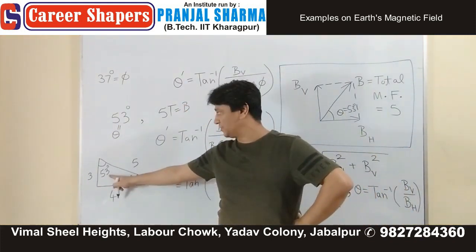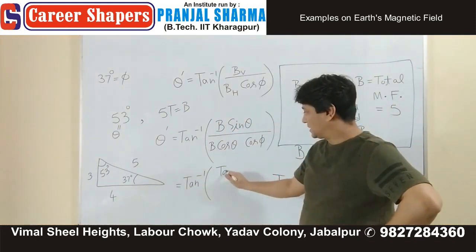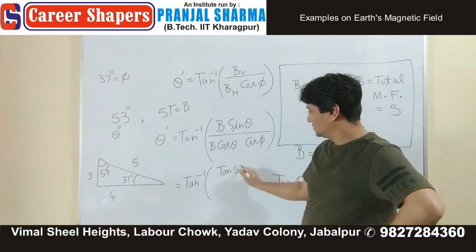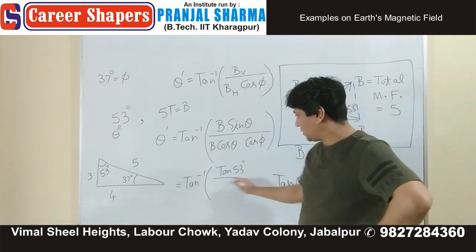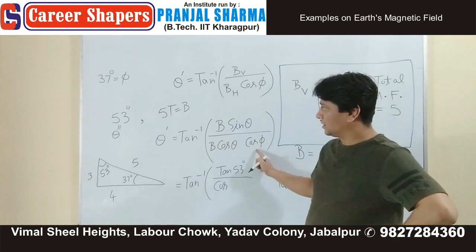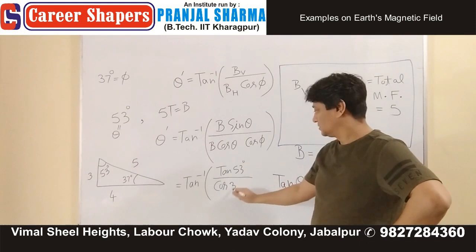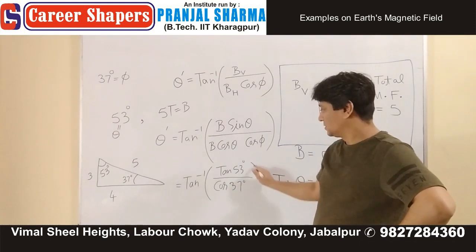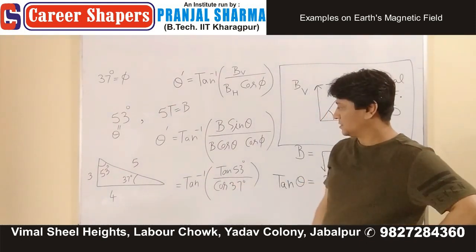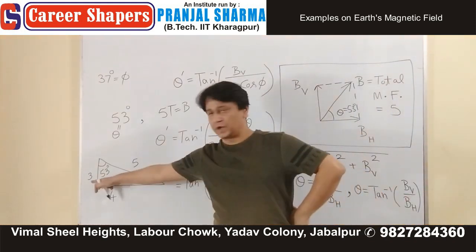What is tan of 53? Let me write down tan 53 first so that you don't have any confusion. Cos of phi. What is phi? 37. So what is tan 53? 4 upon 3.